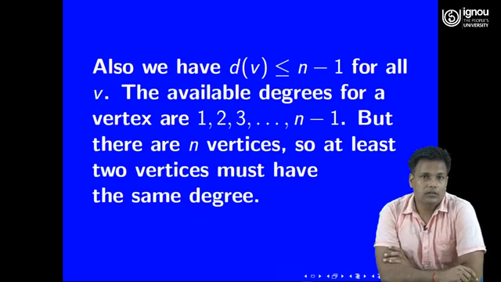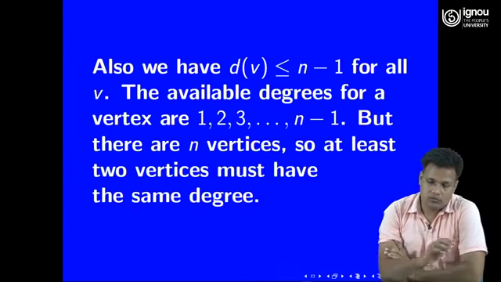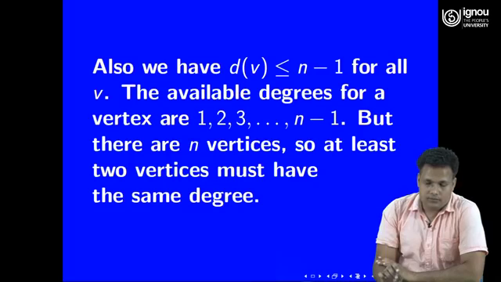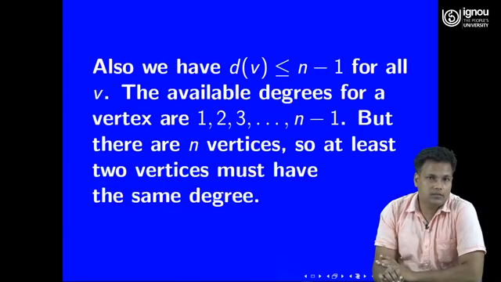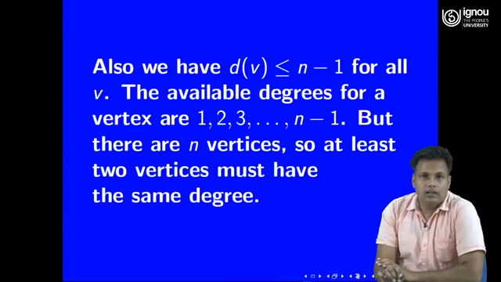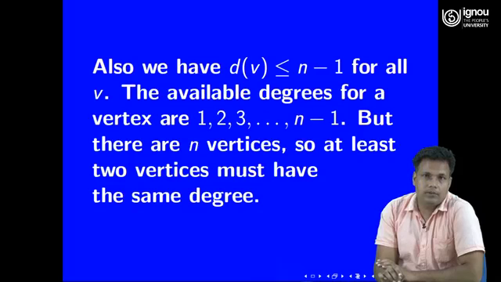But now there are n vertices and n minus 1 degrees. So again by the pigeonhole principle, some vertices must have equal degree, which is not possible. So there is no such simple graph which has all vertices of distinct degrees. That means in every simple graph, there are at least 2 vertices that have the same degree.